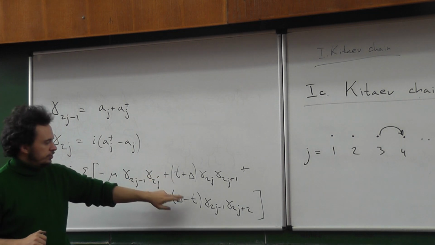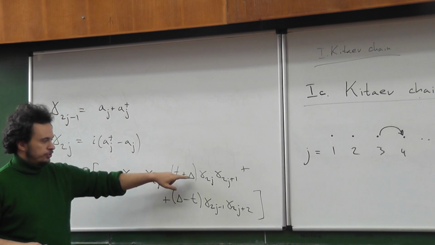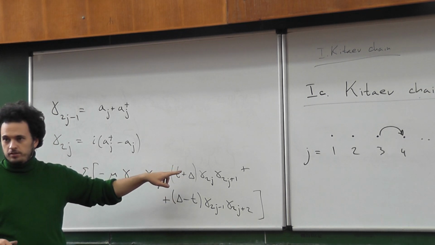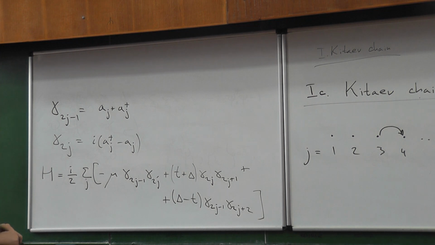And this is t, so this comes from the term with t. And this comes from the term with delta. So we rewrote the Hamiltonian in terms of Majoranas like this.